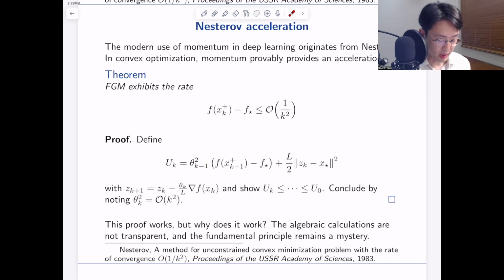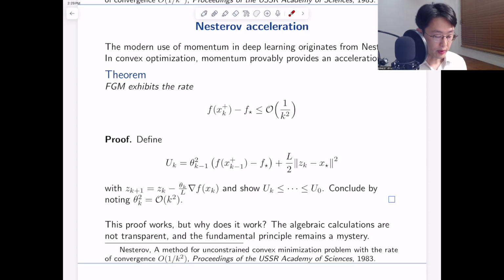So the fact that k squared times the function value is less than Uk, which is less than U0, because this term is 0 when k is equal to 0, and you just get this. Okay, so once you define this energy function and show its dissipativity property, then the proof is done.